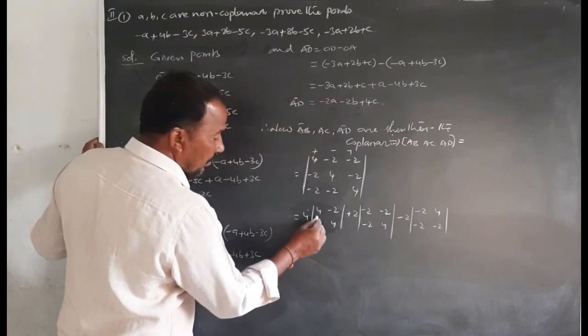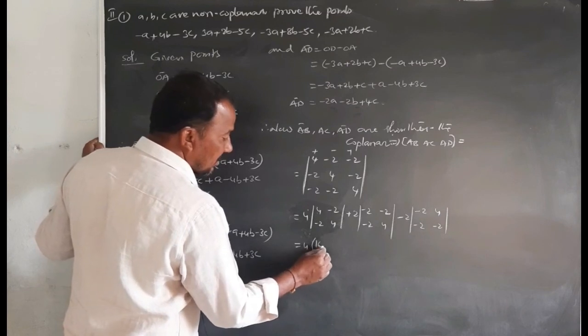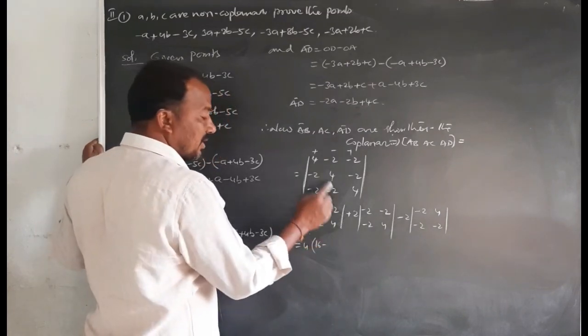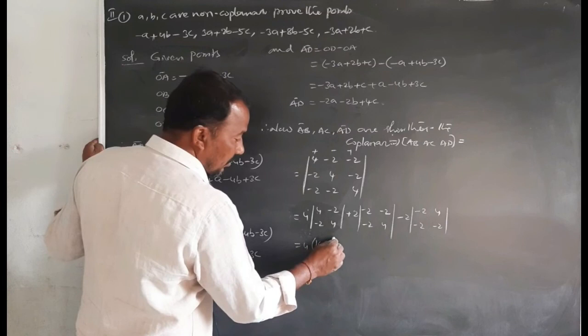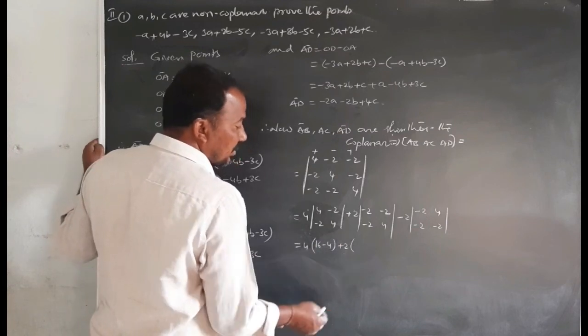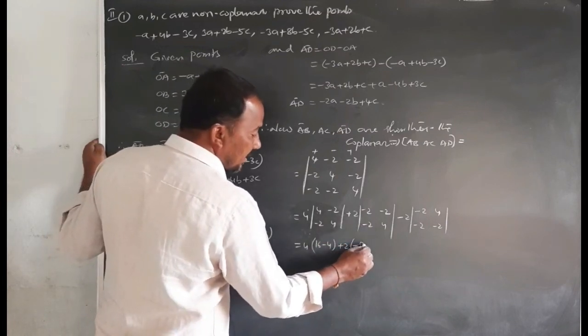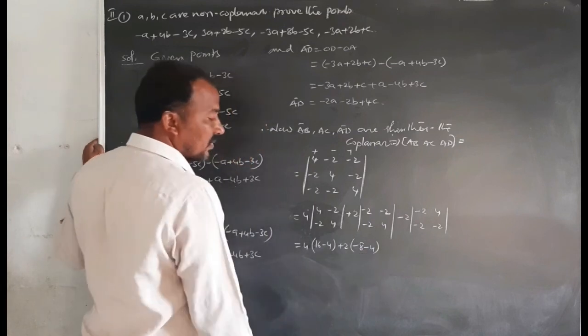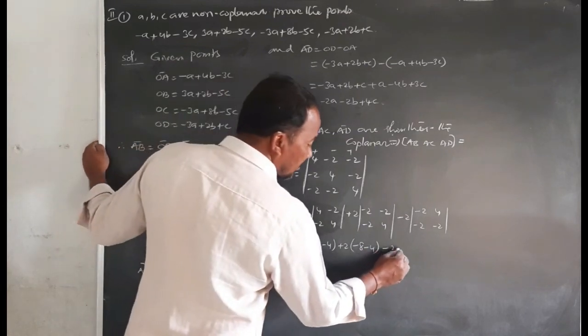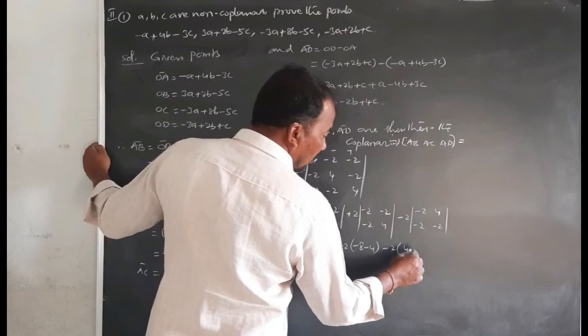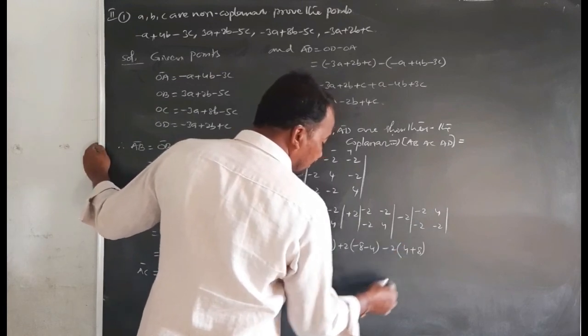So 4 into 4 fours are 16 minus 4, plus 2 into minus 8 minus 4, minus 2 into 4 plus 8.